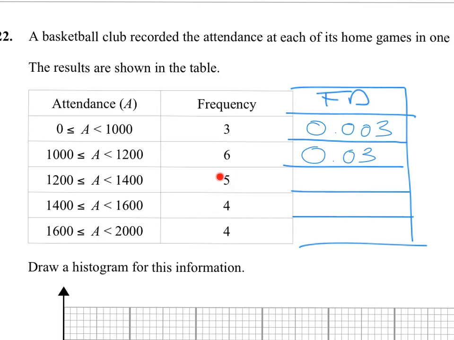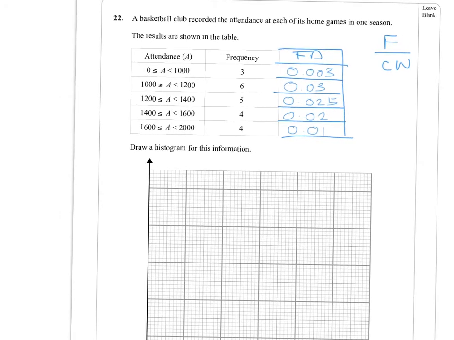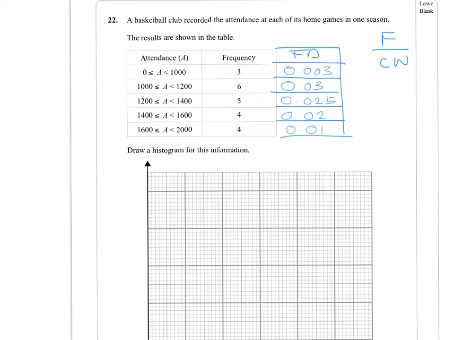The next one, 5 divided by 200 will give me 0.025. The next one, 4 divided by 400, 0.02. And the last row, 4 divided by 400, gives me 0.01. Okay, if I'm able to add that column, that's probably got me 1 mark in the question.